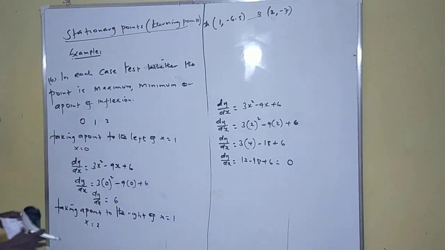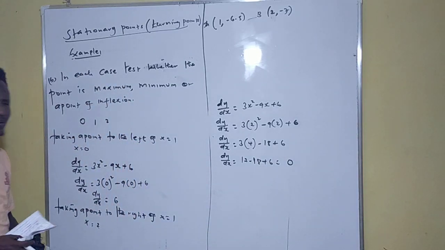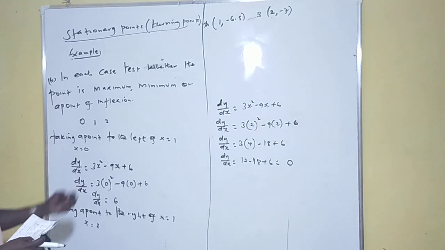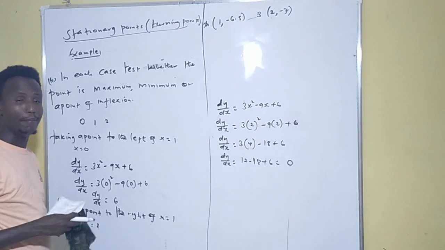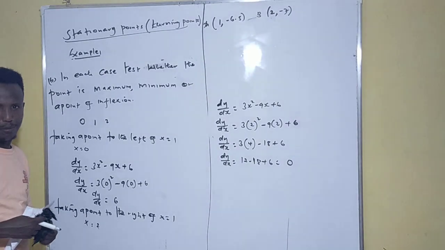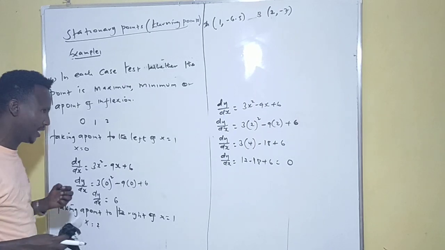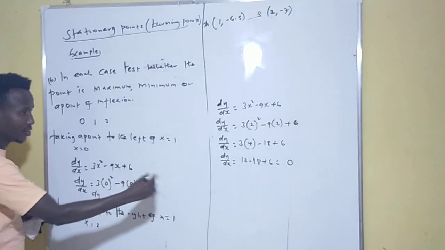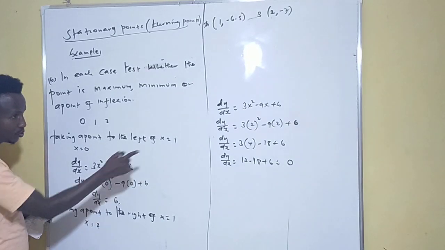It is very, very easy. By the way, students are being challenged by this concept: determining whether a stationary point is maximum, minimum, or point of inflection. I will also be giving you more examples. But now just understand what's happening to dy dx. It's decreasing from 6 to 0.